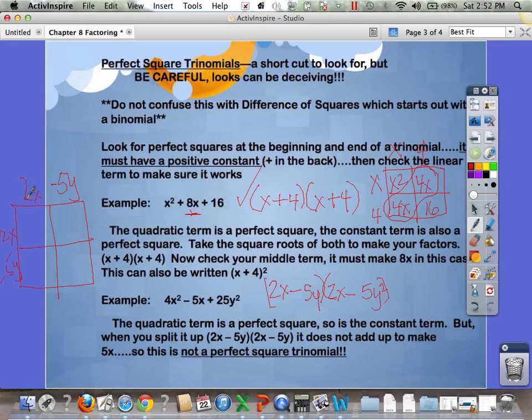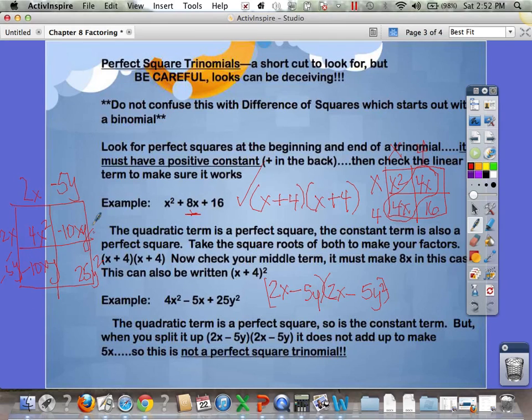All right, so multiplying 2 times 2 is 4, x times x is x squared. 2 times a negative 5 is negative 10xy. Same here, negative 10xy. And then the last one would be negative 5 times negative 5, which is 25. And then y times y is y squared.